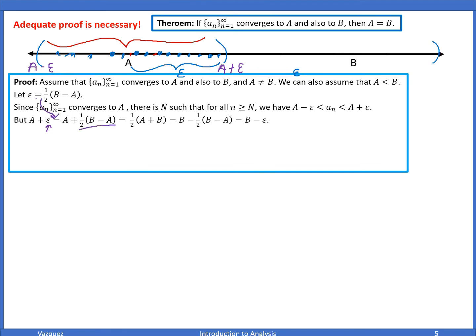So now it's A plus half the distance between B minus A. A little algebra gives us that it's equal to this. Again, a little algebra tells us it's equal to this. And go ahead and pause it to check it if you want. But it'll equal B minus epsilon, which is where our other neighborhood ended. It's also B minus epsilon.